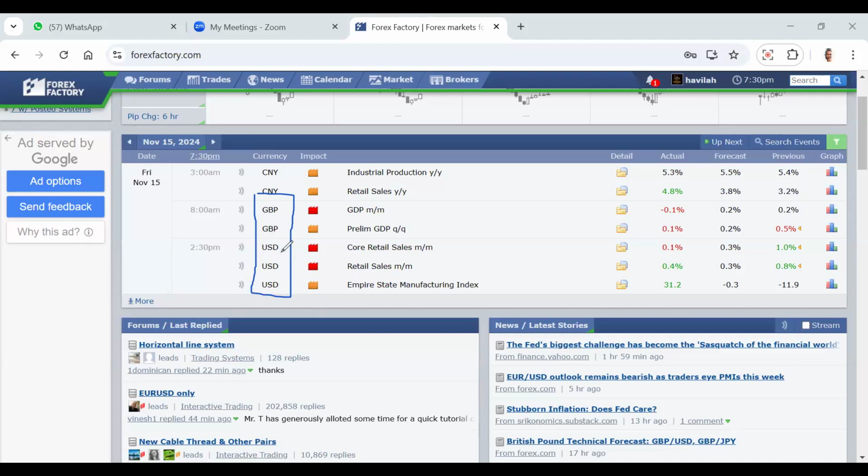So for gold, it is XAUUSD. If the news comes out good for the dollar, it means you are selling gold. If the news comes out bad for the dollar, it means you are buying gold. Good for the dollar means the actual comes out greater than the forecast. In this instance, it means the dollar will be buying and gold will be selling. So you are selling gold if the news comes out good for the dollar. If the news comes out bad for the dollar, that is a red, then you are buying gold. So that's how it works.